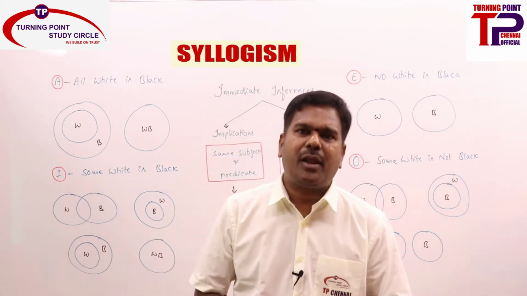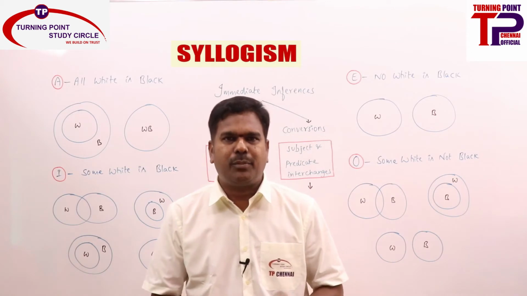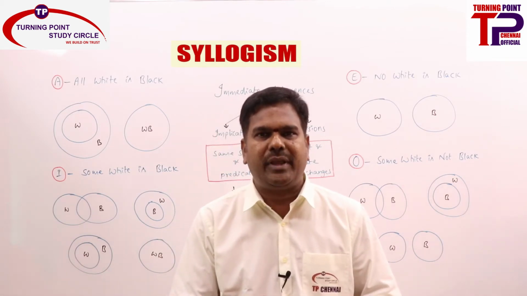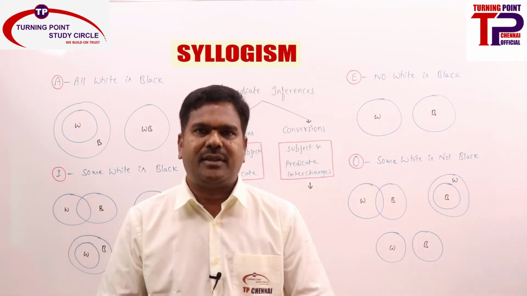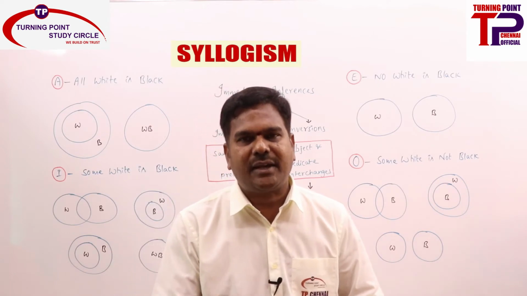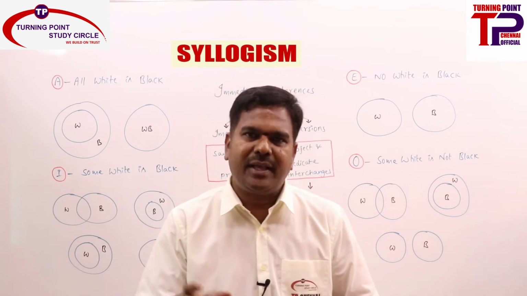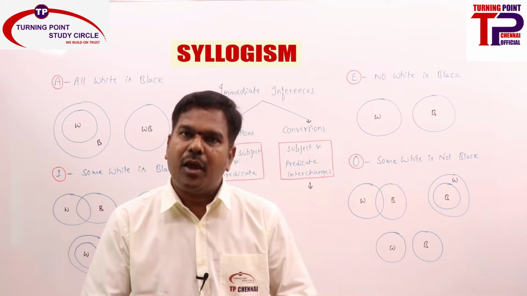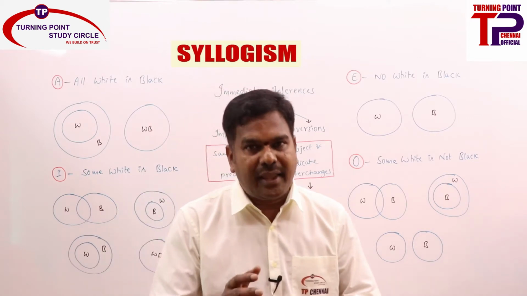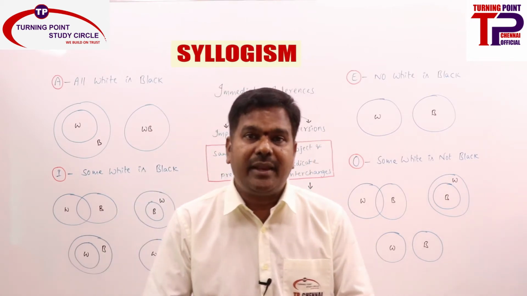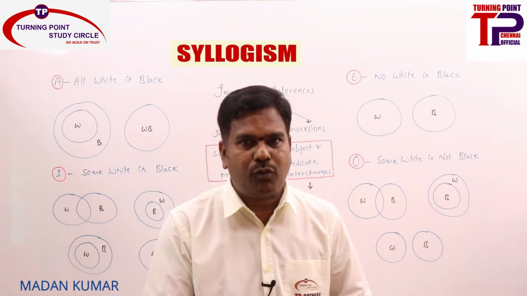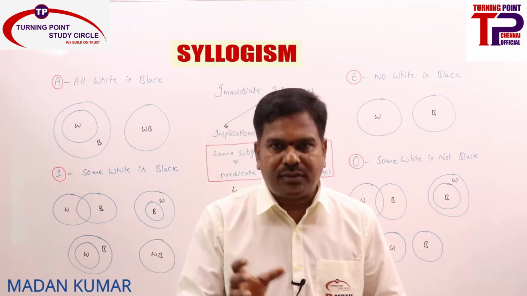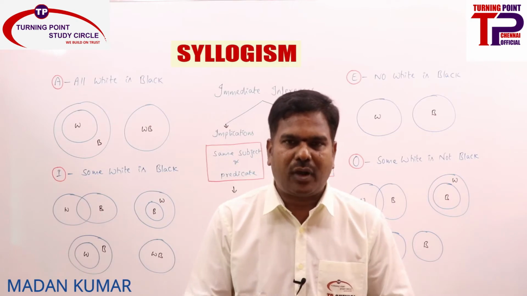Next one, particular positive propositions. It means a part of a subject will be considered in a positive sense. It is represented with I, and it starts with some. Example: some white is black. Finally, particular negative propositions. Again a part of a subject will be considered in a negative sense. It is represented with O, and it starts with some not. So some white is not black, right? This is what we discussed.